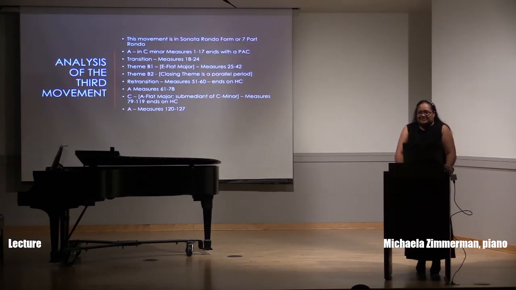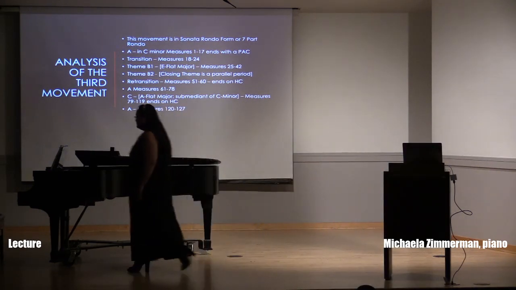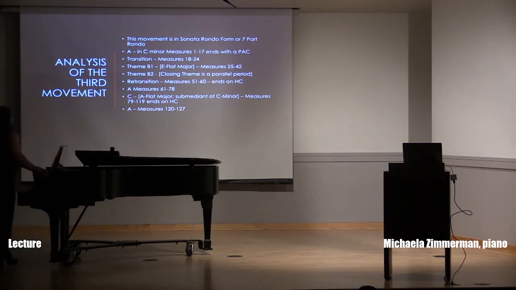So that brings us to the third movement. This movement is in sonata rondo form, or 7-part rondo. So we have the A section. Then we have the B section, which is in E flat major.